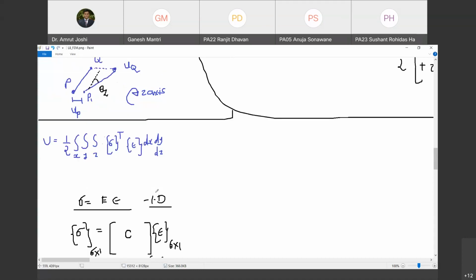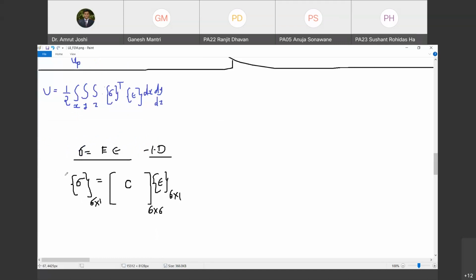But let us not go into those details, we will look at them later. In general, can I write the stress tensor as C times epsilon? So now I am switching this equation from strain tensor to stress tensor.